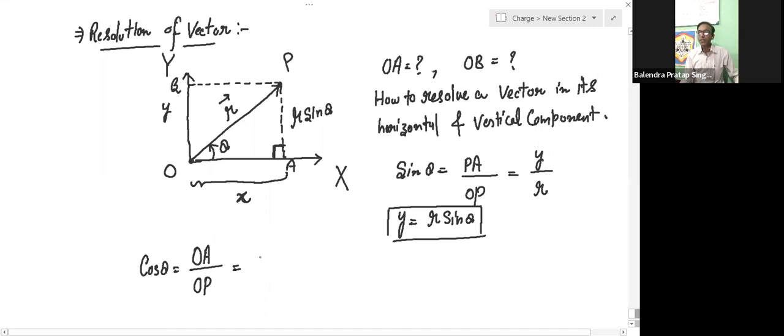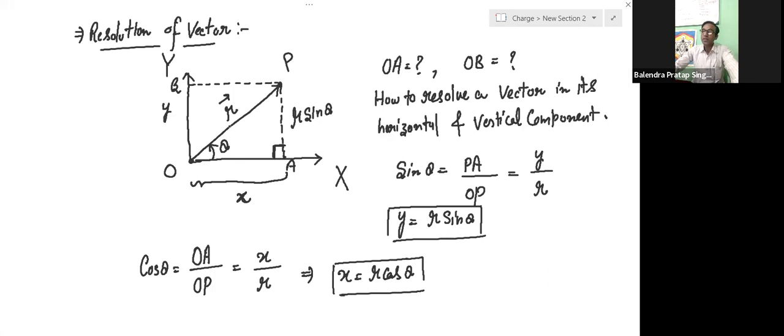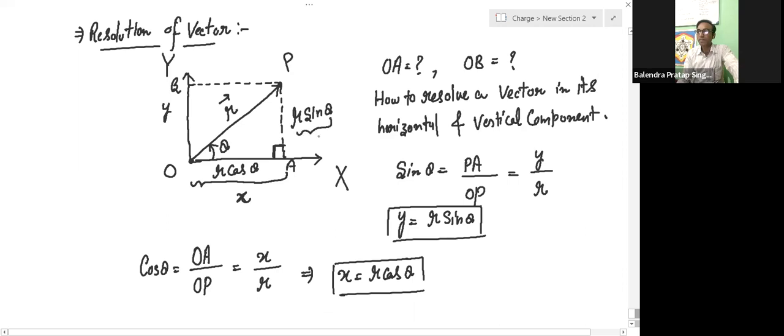OA is your X and OP is your R. So from here, X is equal to R cos theta. So here you resolve this vector into its horizontal and vertical components. The magnitude of vector R is R, the vertical component is R sine theta, and the horizontal component is R cos theta, which are your Y and X.